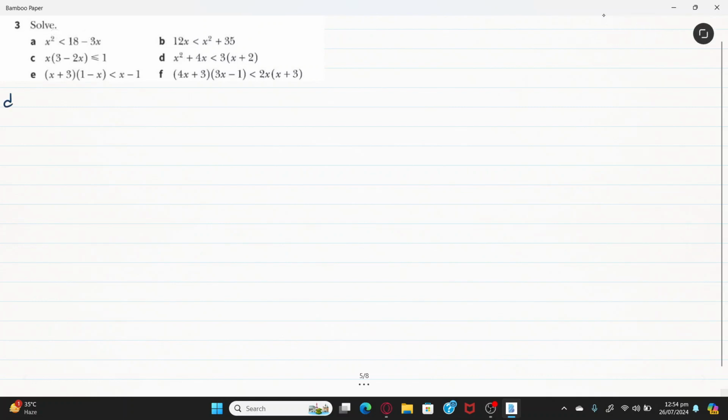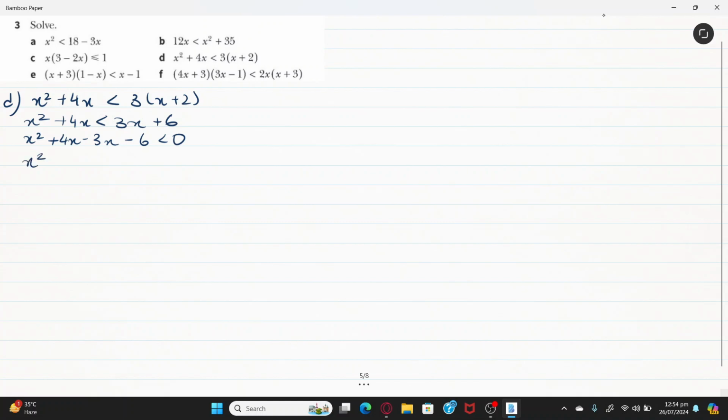Okay, for part D, we have x squared plus 4x is lesser than 3 multiplied by x plus 2. Again, simplify this. x squared plus 4x is lesser than 3x plus 6. x squared plus 4x minus 3x minus 6 is lesser than 0. x squared plus x minus 6 is lesser than 0.